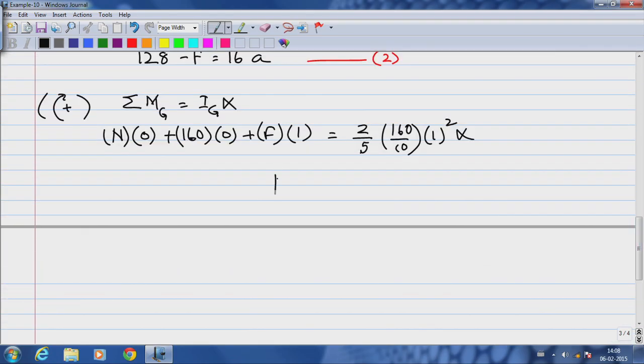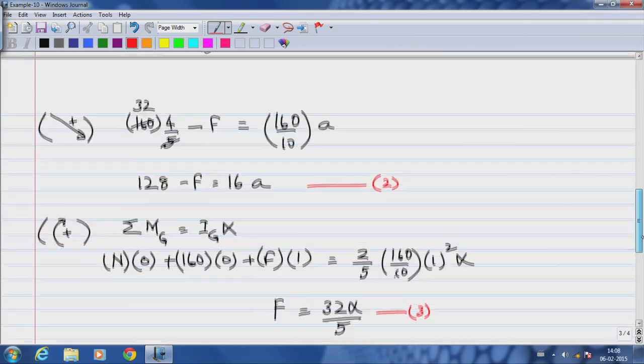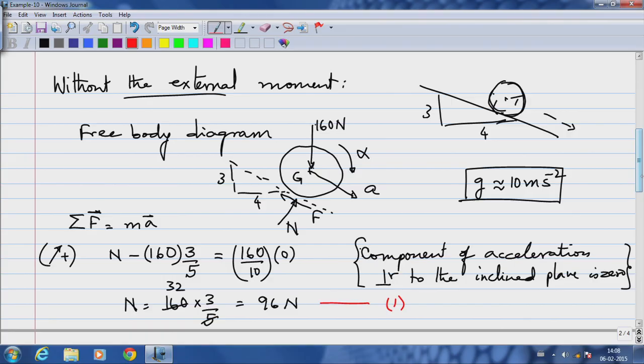So, from here we find that F is equal to 36 alpha over 5. I will call this my equation number 3. So, I have 3 equations, but a total of 4 unknowns.